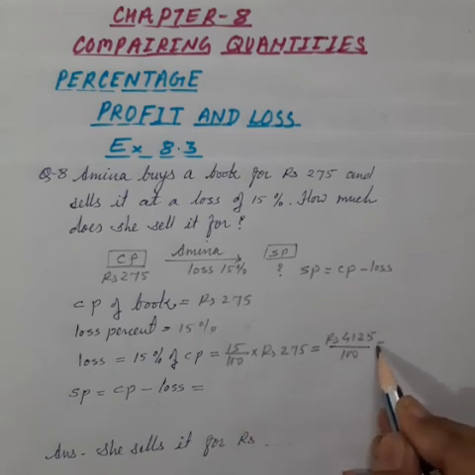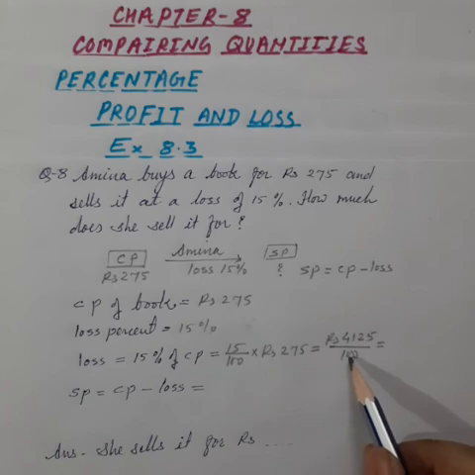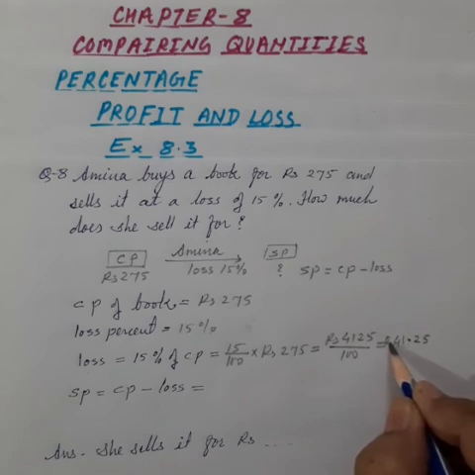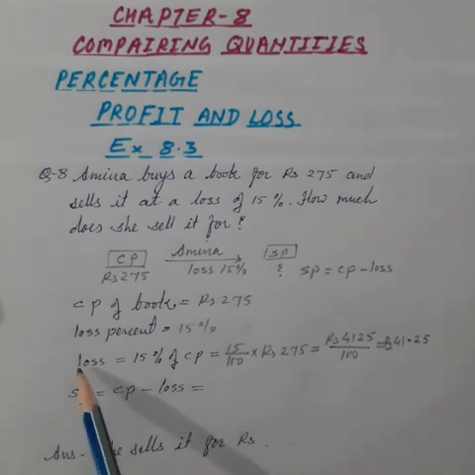This we can write as a decimal. 100 is in the denominator, so there will be 2 digits after the decimal point. And here in the whole part 41, it is in rupees. So loss is rupees 41.25. When there is loss, selling price is smaller.